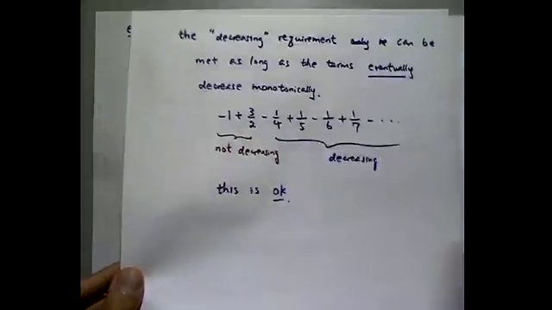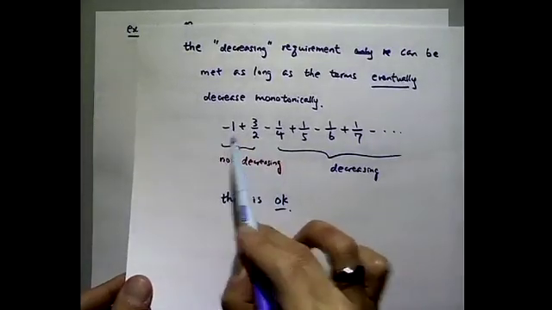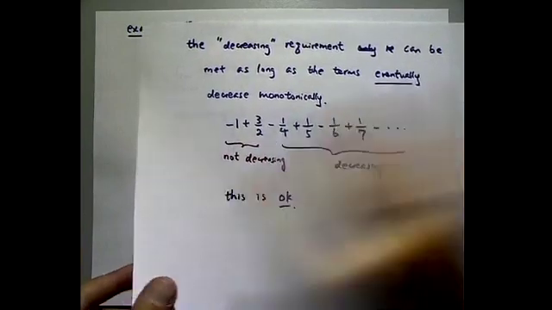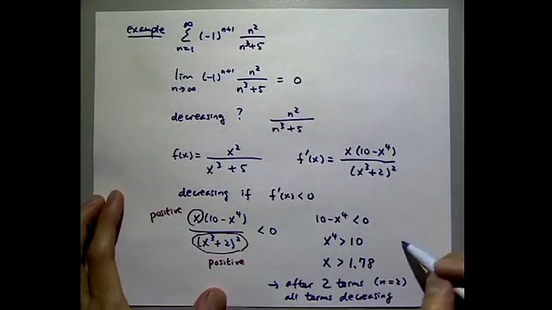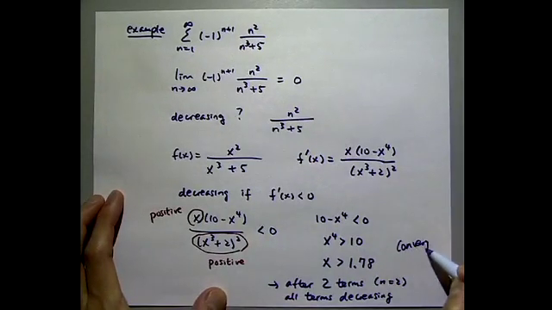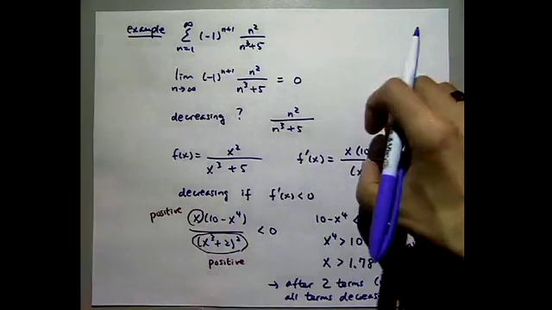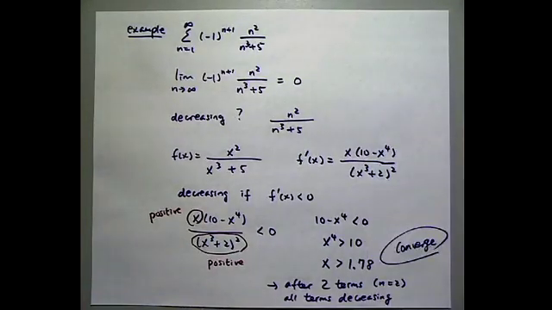Exactly the same situation. After n equal to 1, n equal to 2, everything is decreasing, so therefore this will converge. So this is a convergent series, because the terms are eventually, ultimately decreasing. A finite number of terms can be out of order.